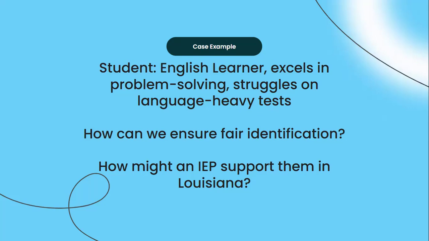This student's IEP could then include goals that both challenge them academically and support English language development. So this particular case shows how equity and state policy intersect, why we need to think broadly about identification, and see how identification is really the first step in ensuring that we're meeting the needs of the whole student.